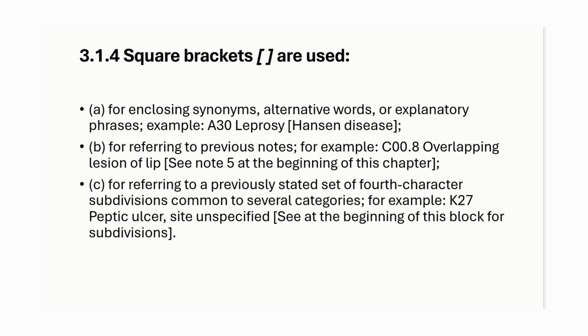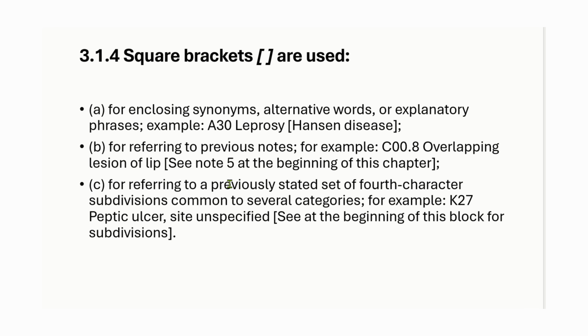Square brackets are used to enclose synonyms, that is, alternative words or explanatory phrase. For example, if you see leprosy, you have the square bracket with the synonym Hansen's disease. It is also used for referring to previous notes.